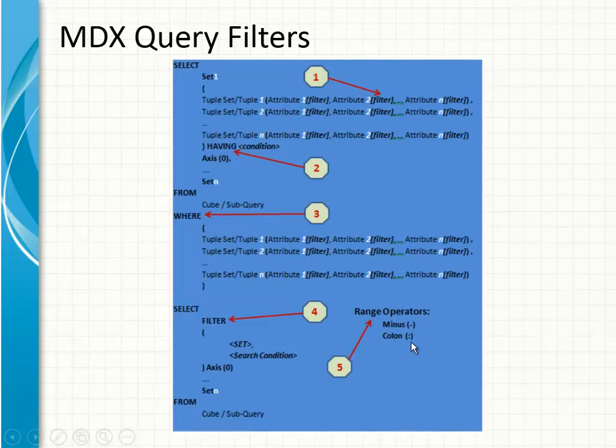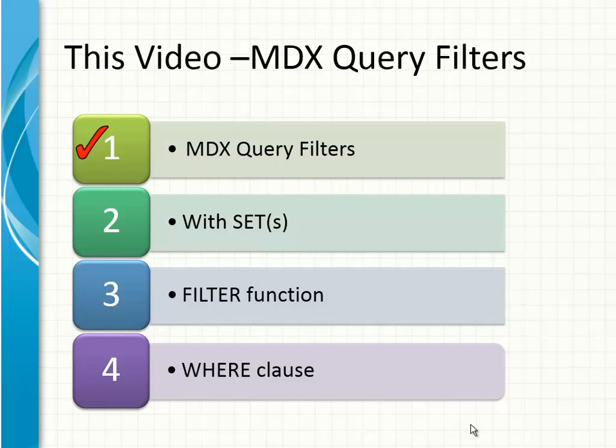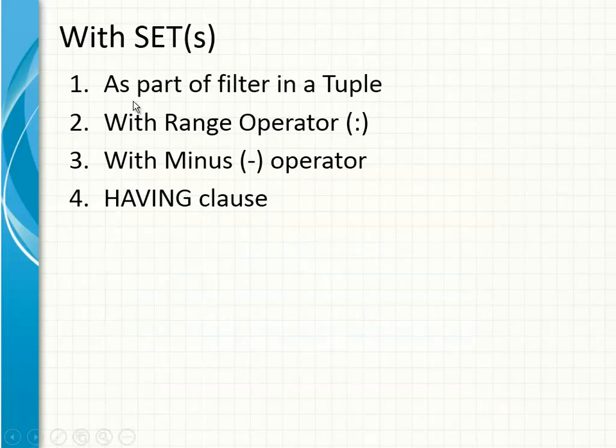So this was just to quickly point out where in an MDX query we can add filters based on our requirement. Next, we see how to use filters within the set in an MDX query. Let's see some examples. Within a set, we can define a filter as part of the tuple, with the range operators, and with the having clause. We'll see examples of each of these.